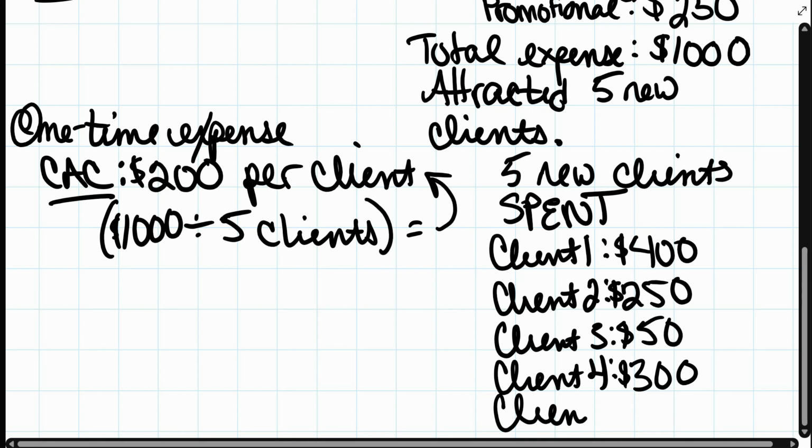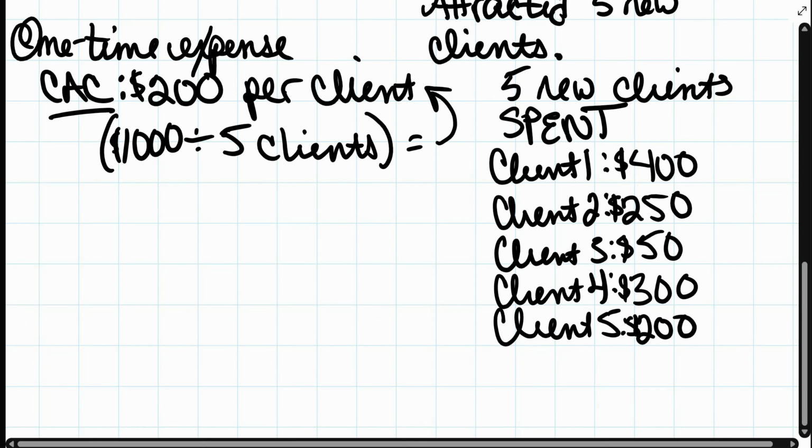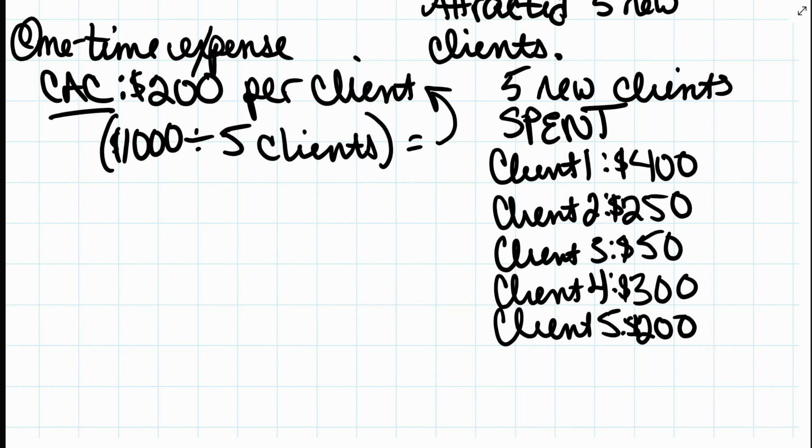And client 5 spent $200. Some of these clients, you can see that one client spent a lot more, one client spent a lot less. So let's take a look at what this value adds up to. My 400, 650, 50 makes 700, 1,000, 1,200.